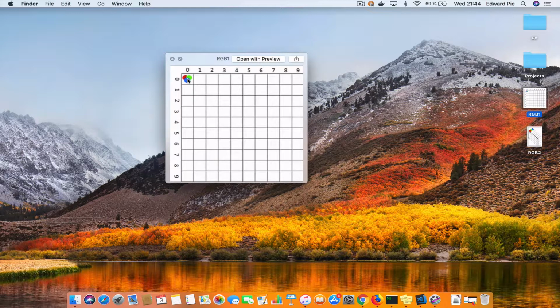And each dot stores three values in the range of 0 to 255. 0 means the absence of that particular color. So if over here I have 255, 0, 0 and I'm reading it in RGB format, it means 255 red, 0 green, and 0 blue.